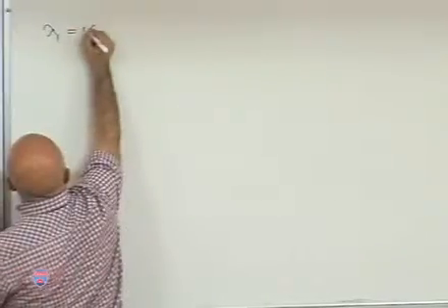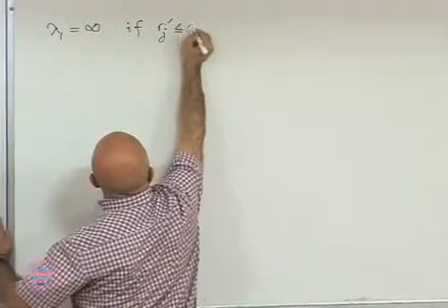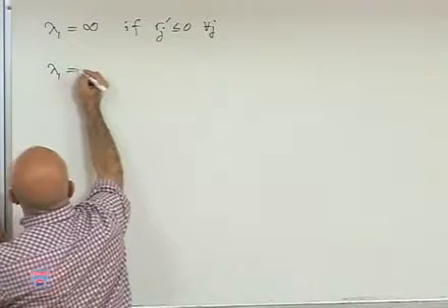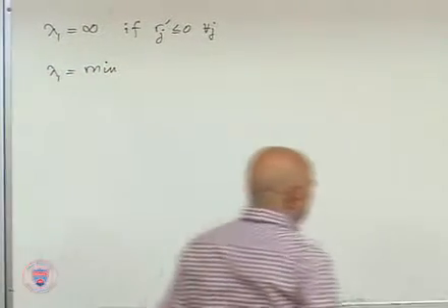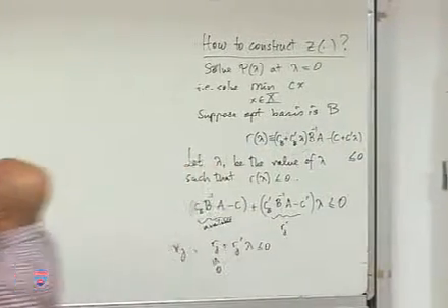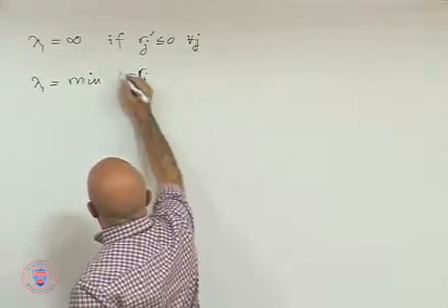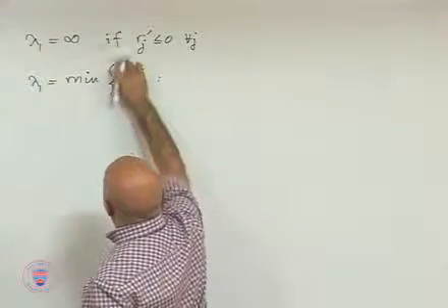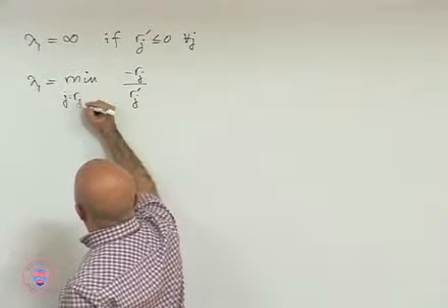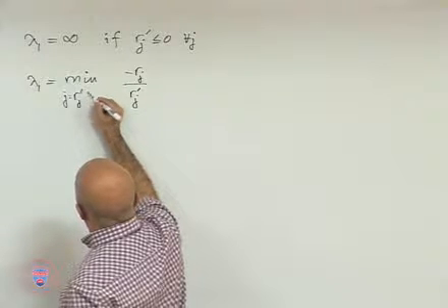Lambda 1, this first switch point, is infinity if Rj prime is less than or equal to 0 for every j. Otherwise, lambda 1 is the smallest of minus Rj divided by Rj prime, over those j for which Rj prime is positive.